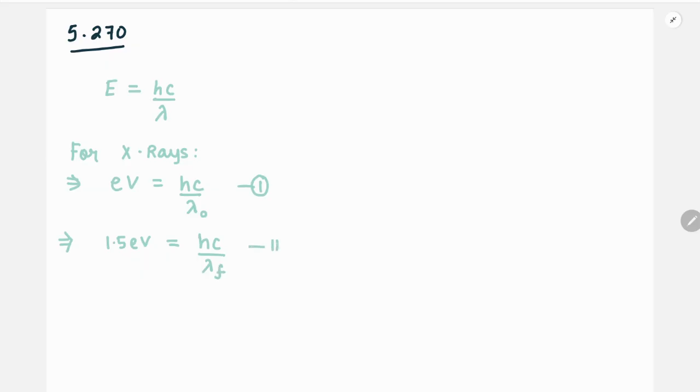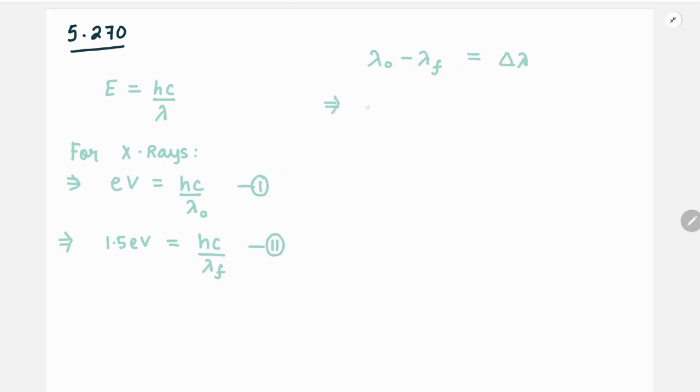This is the second expression that we have. So as energy is increased, the wavelength is reduced. So over here I can say that the problem is stating that the change in this wavelength or the shift, lambda naught minus lambda f, is given to us as delta lambda, the value being 26 picometer.